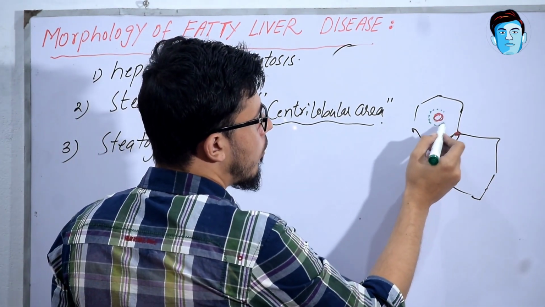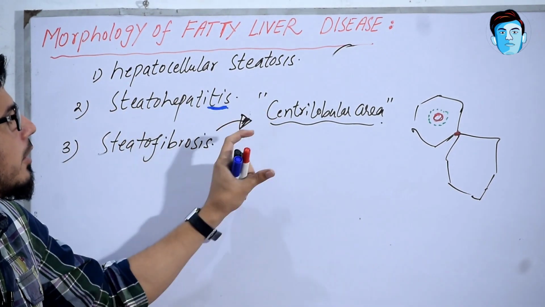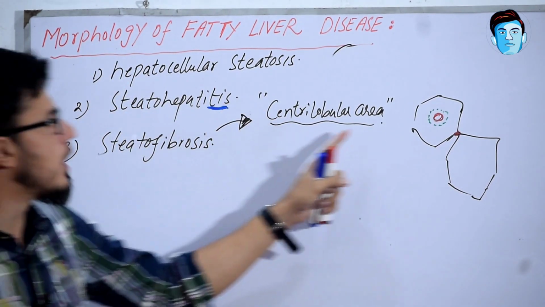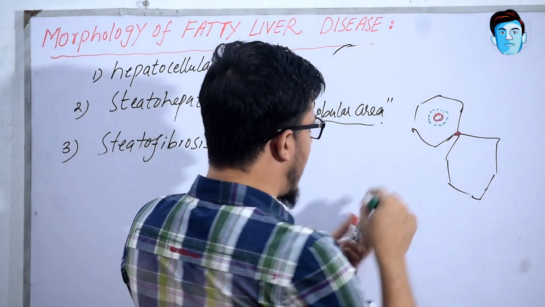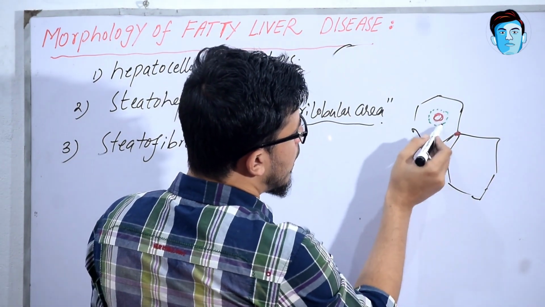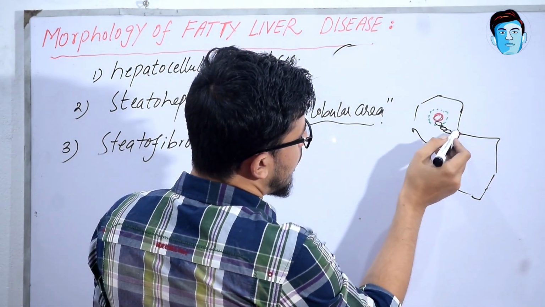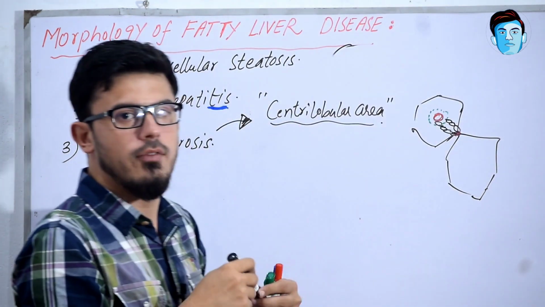Around the hepatic vein, that area is called the centrilobular area. It means repeated episodes of scarring and fibrosis start from the centrilobular area, and as you know, there are multiple rows of hepatocytes between the portal tracts and the hepatic vein.